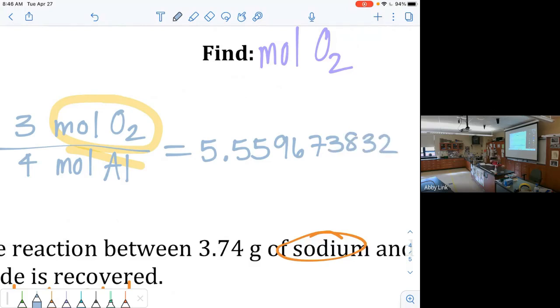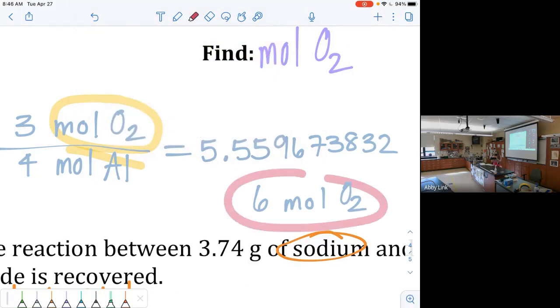We would never, ever have a number like that, right? That is way too many sig figs. You're never going to start with a number with that many sig figs. So this situation calls for one sig fig. So we're going to round this up, and we're going to report 6 moles of O2 as our final answer for this problem.